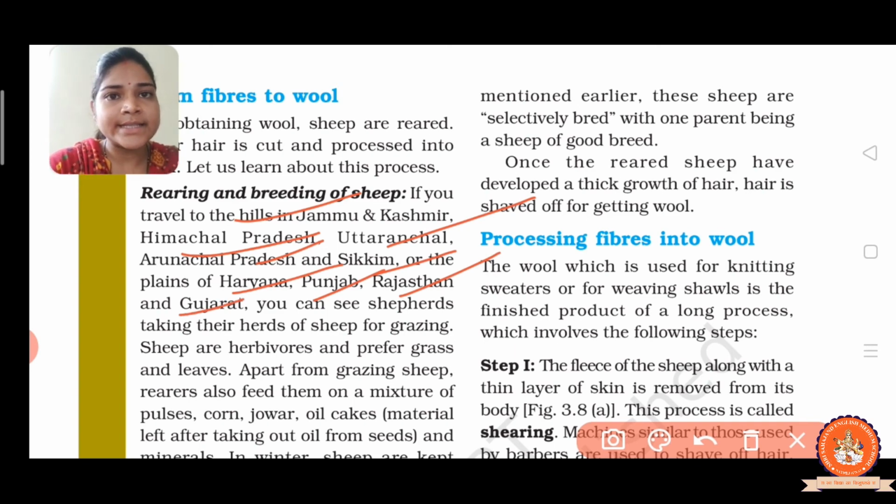So in these states the rearing and breeding of sheep is carried out.